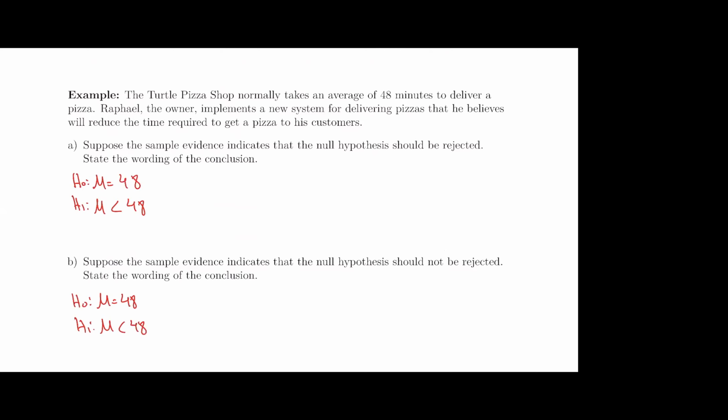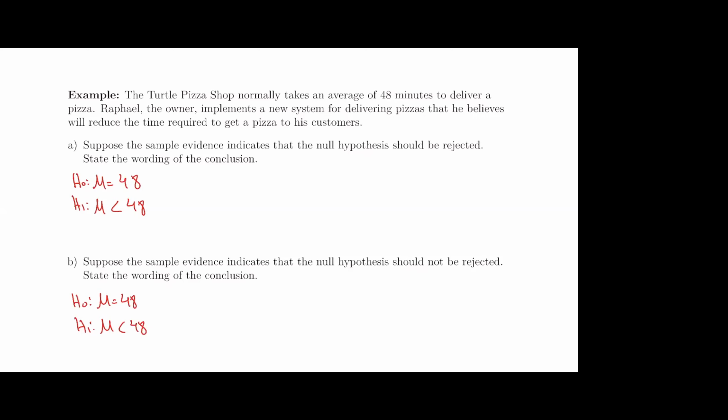For this one, the Raphael owner, I remember, implemented the new system to see if he could lower the delivery time. So the null hypothesis is no, the new system doesn't really work. The delivery time is still going to be 48 minutes. The alternate hypothesis is saying yes, the delivery system does work, and it's going to be less than 48 minutes.